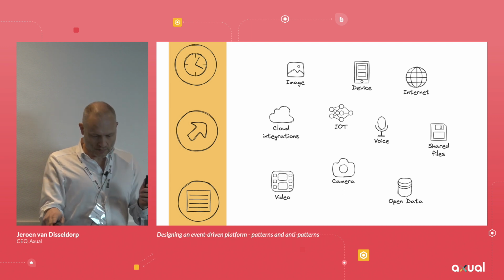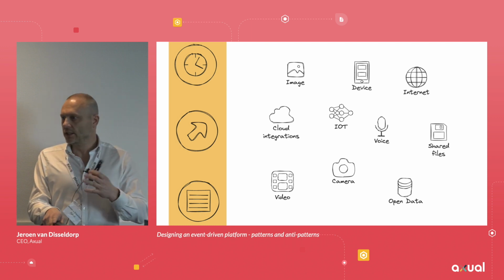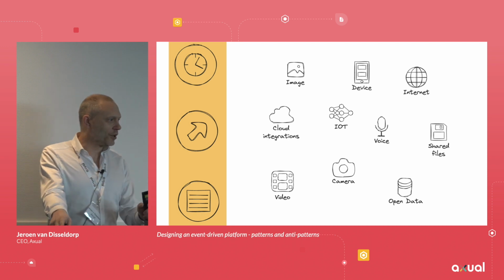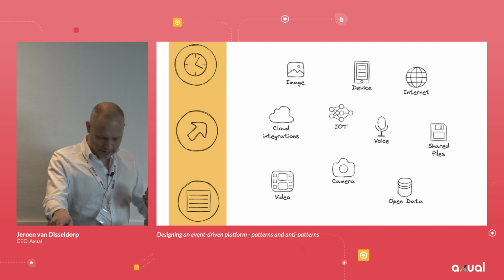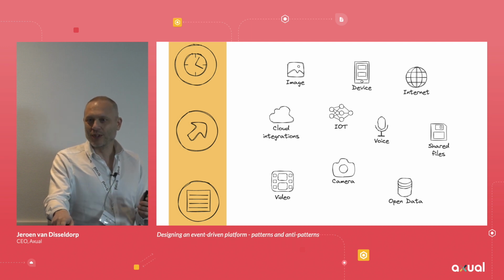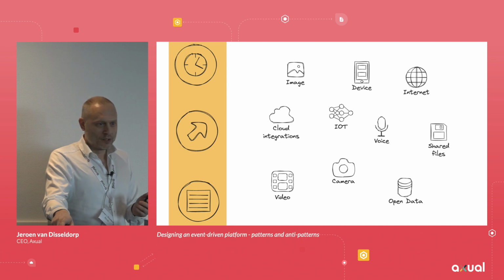So let's look at a few of them, and this is, by the way, really CEO level. So I often use this comparison to talk to a CEO about streaming without actually talking about streaming. So let's look at how you can integrate different kinds of data, and let's compare that to the human body.